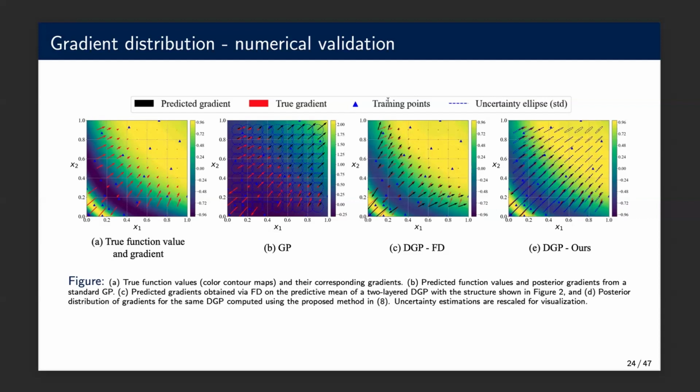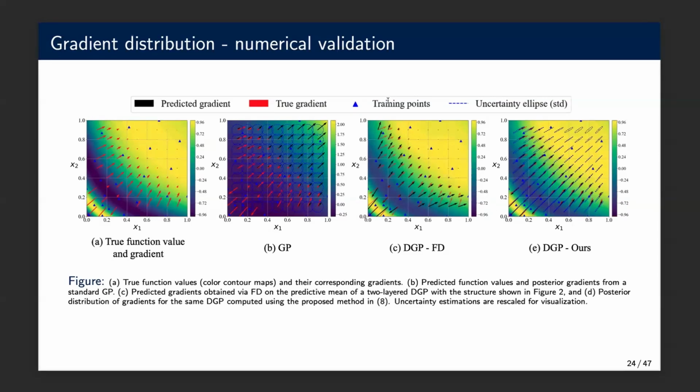Figure C represents the result we obtained from a deep Gaussian process with the gradient computed by second order finite differencing, which means we select 4 points in the 2D case around the test sample and do a second order finite differencing to compute the gradient, but it cannot quantify the uncertainties. And the right figure shows our results using our derivation.